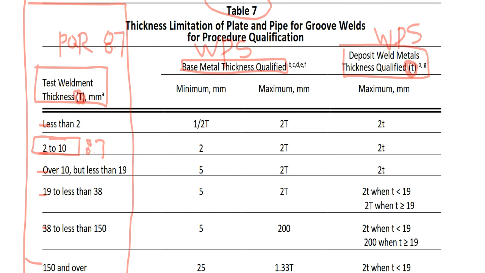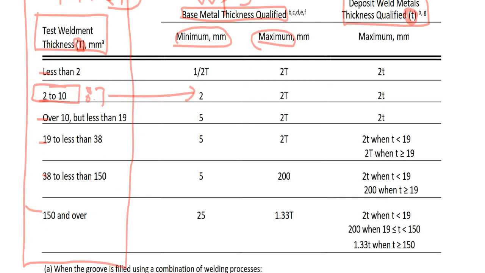The 8.7 here says minimum millimeter, minimum base metal thickness qualified, and maximum base metal thickness qualified.